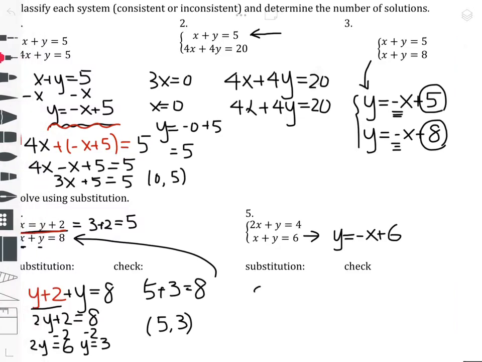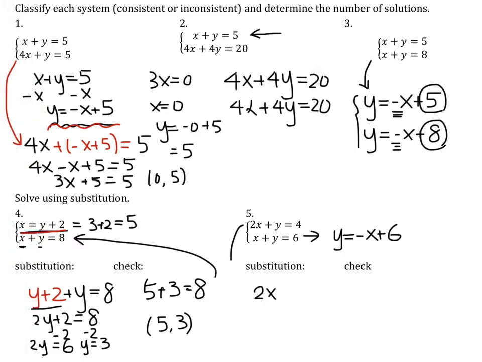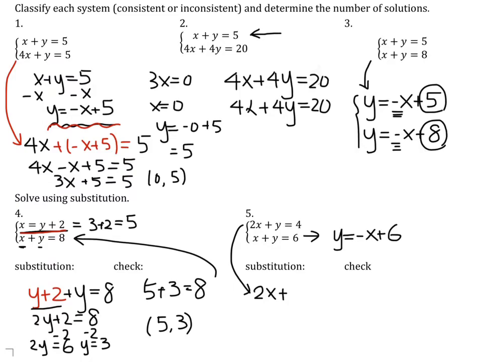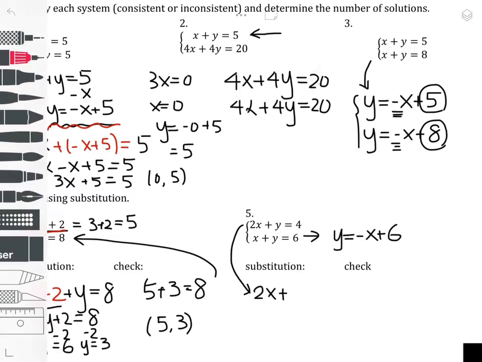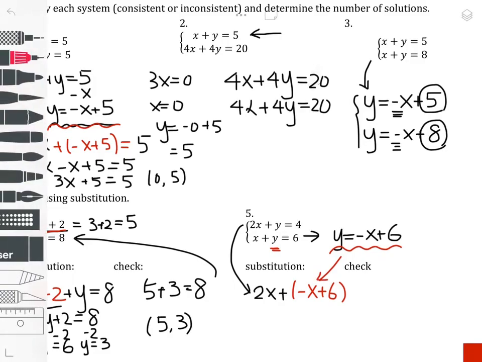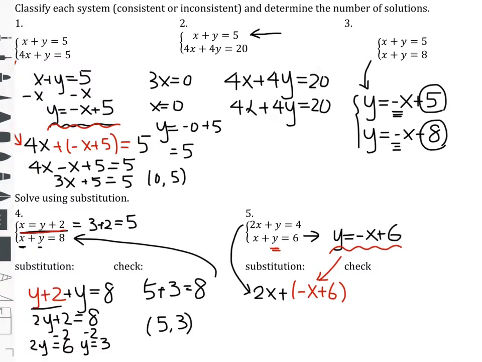So it's 2x, that's what I'm given here, and then plus y. So what am I going to replace the y with? I have the second equation turned into y equals negative x plus 6. That's what I'm going to plug in, negative x plus 6. So I replace the y that I see here with negative x plus 6.